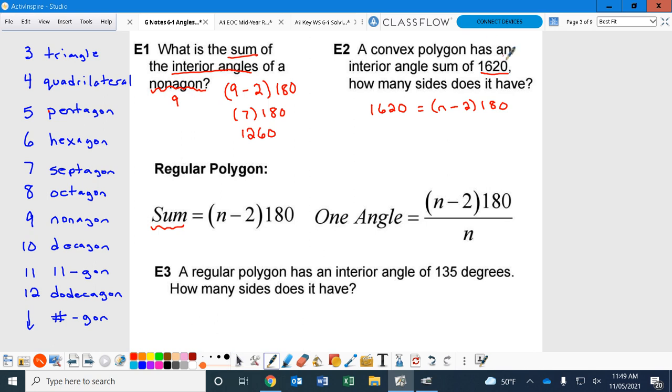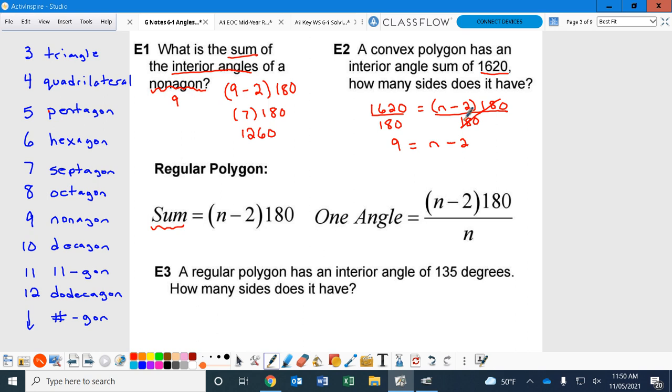Now guys, how do I undo this multiplication? What's the opposite of multiplication? So we're going to divide both sides by 180. Grab your calculators, do 1620 divided by 180. 9 equals, now when you bring this down, guys, you canceled out the 180, so you don't need the parentheses anymore.